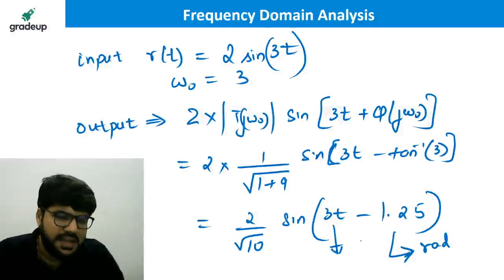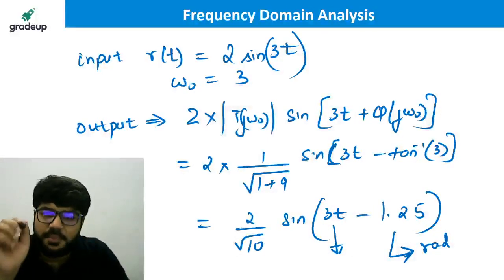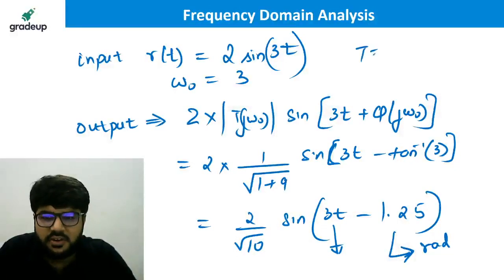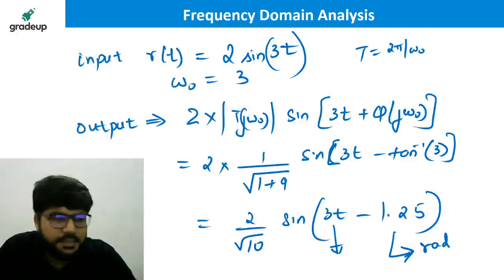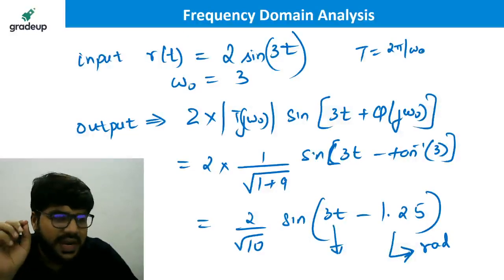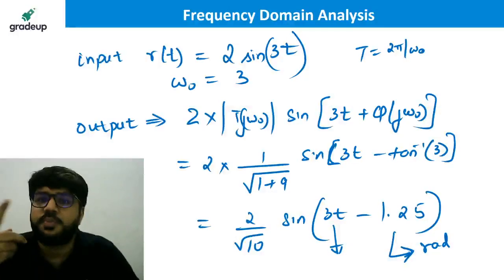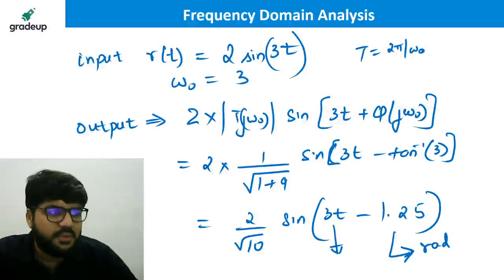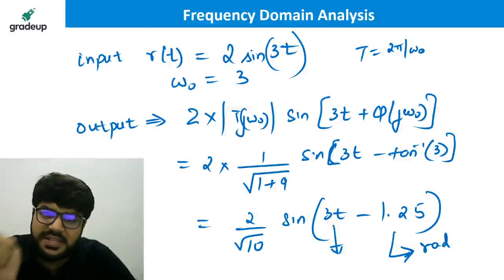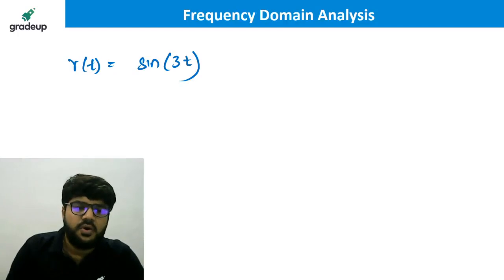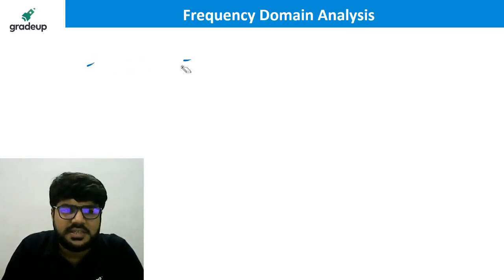Same frequency means same time period, obviously, because the time period is 2 pi by omega naught. So when a periodic signal is applied to an LTI system, the response is also periodic. The response is always oscillatory, always periodic, having the same frequency as the input.